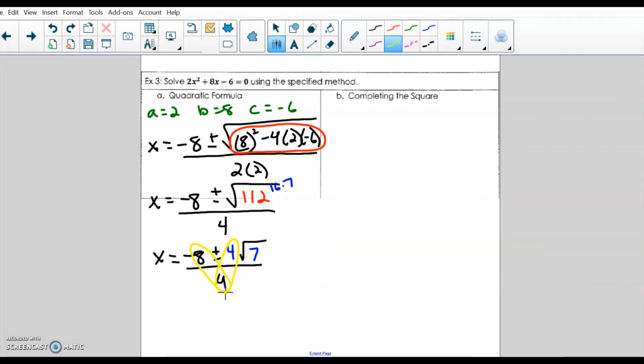The 7 is done. We don't have to touch the 7, so we're good there. So we'll divide the 8 and the 4 by 4, and we'll be done. So x equals -2 plus minus 4 divided by 4 is 1, which leaves us just the square root of 7. And that finishes up our third example of two irrational, unlike answers.